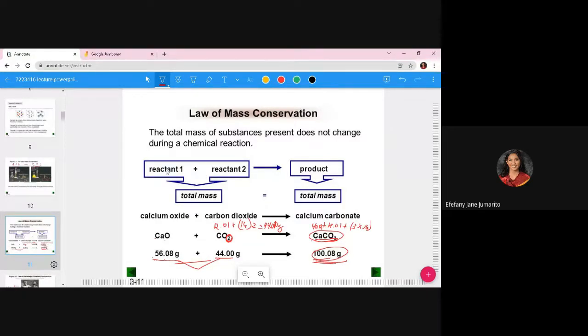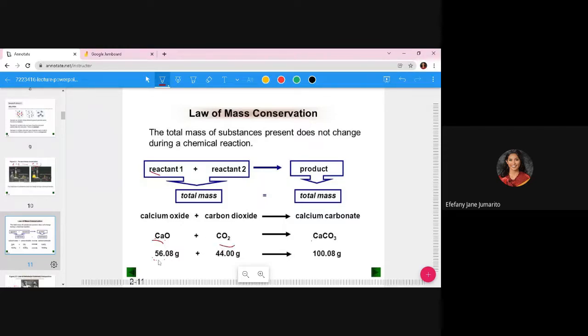Okay, so we have reactant 1, reactant 2, and then it yields a product. So the total mass of reactant 1 and reactant 2 is the same as the product side. Whatever kilos you add, that is also what you will produce. For example, we have calcium oxide and carbon dioxide.